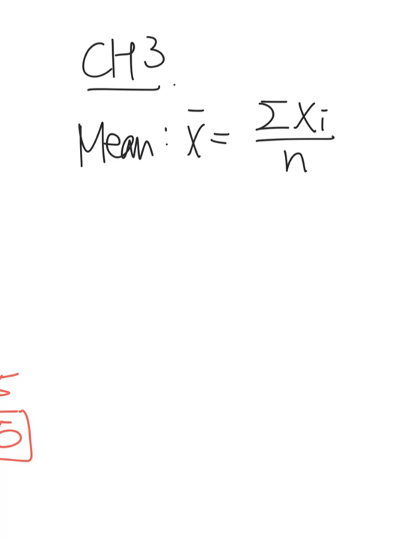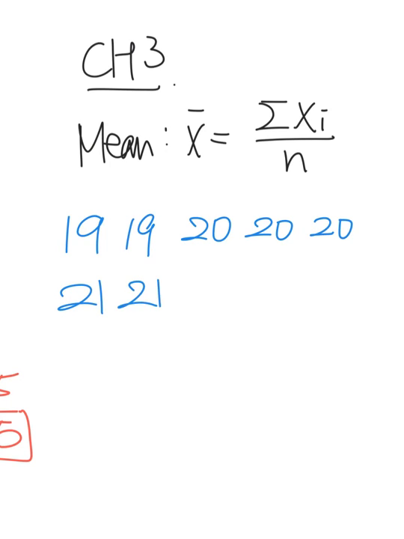Two 19s, three 20s. How many 21s? Two 21s. And who was the oldest one? 27.